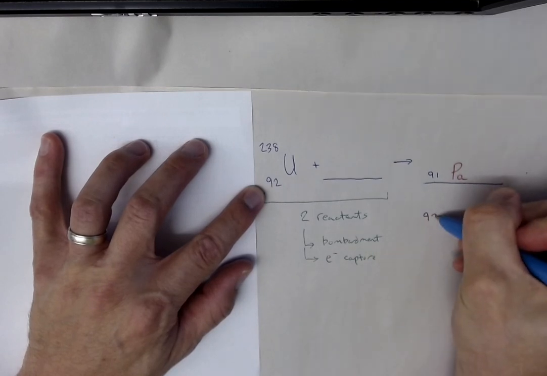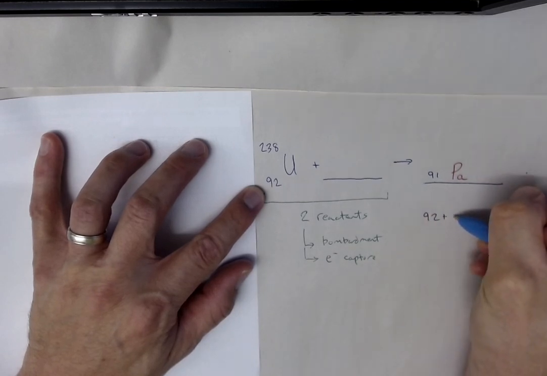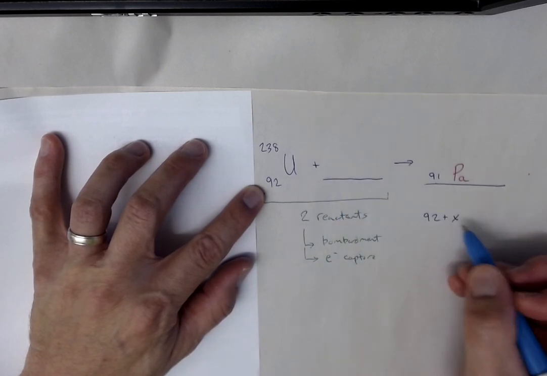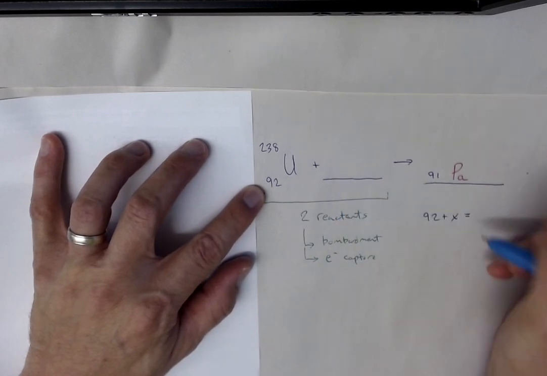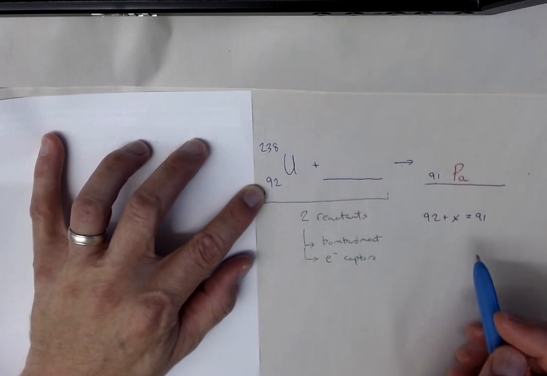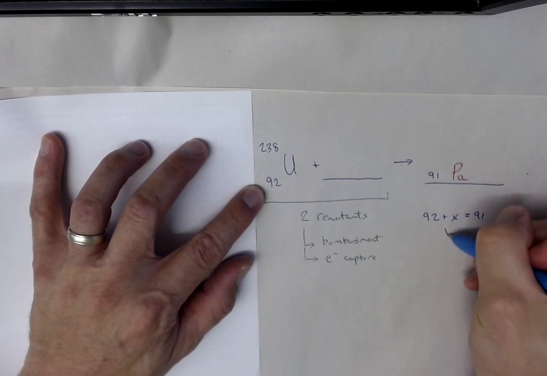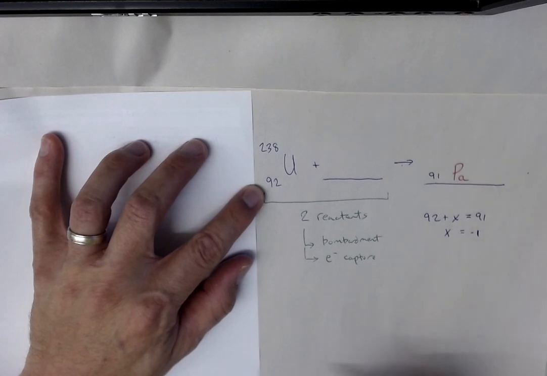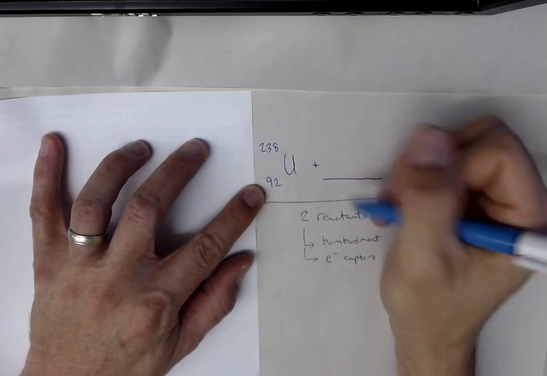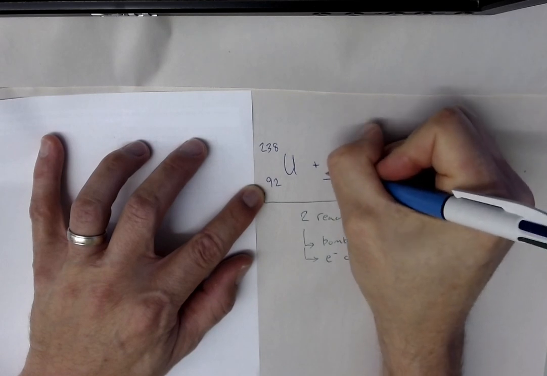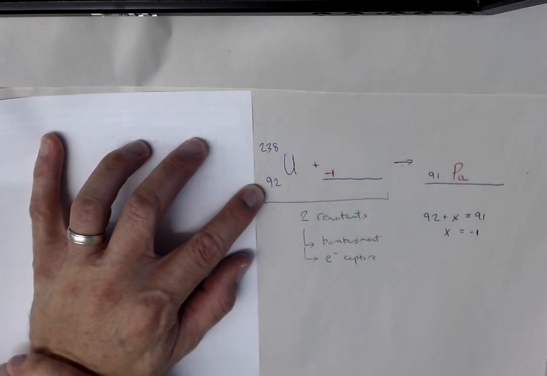So 92 plus x for this special particle on the reactant side equals 91. What does x equal in that case? x equals -1. So I'm going to put a -1 in the spot for atomic number.